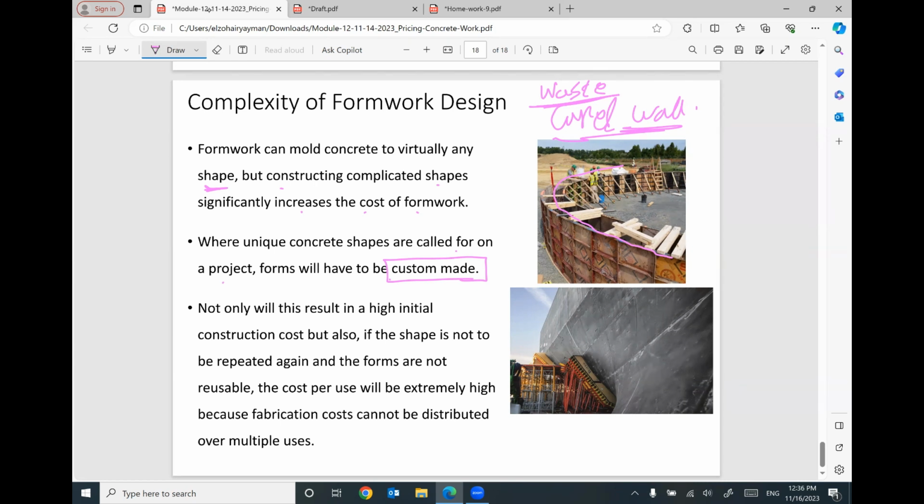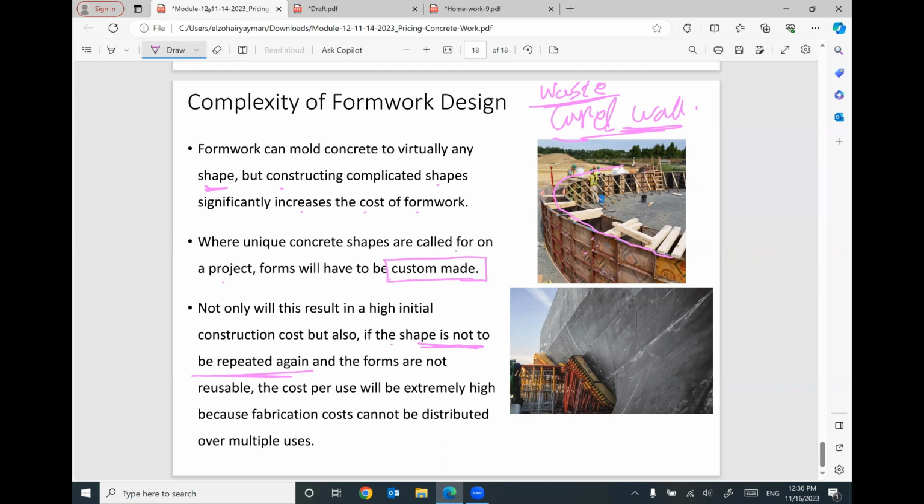So not only will this result in a high initial construction cost, but also the shape may not be repeated. This is another point, which is not good. If you are going to construct this wall, and after this we are no longer constructing this kind of wall, the formwork used here will be destroyed, because it will no longer be used after this project.